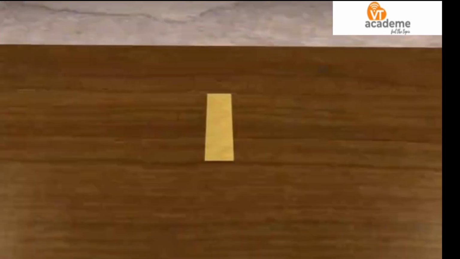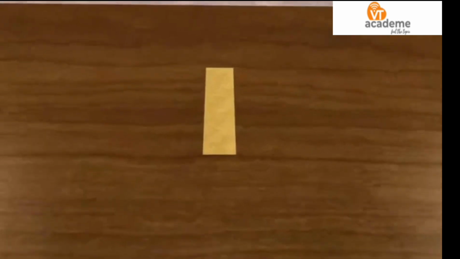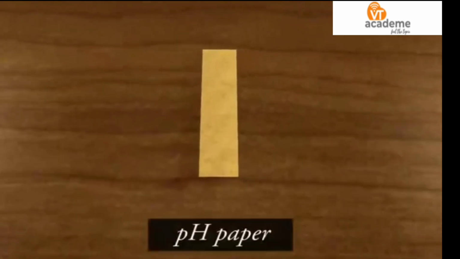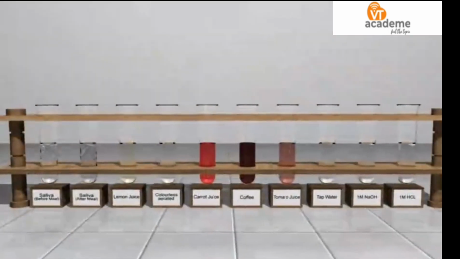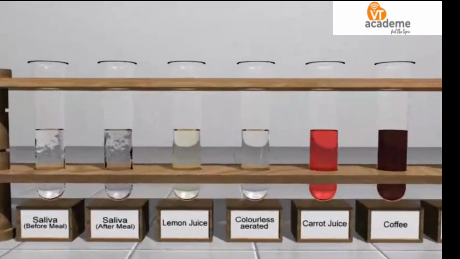Generally, paper impregnated with the universal indicator is used for measuring pH. Such paper is known as the pH paper. Let's take different solutions and observe each on different strips of pH paper.